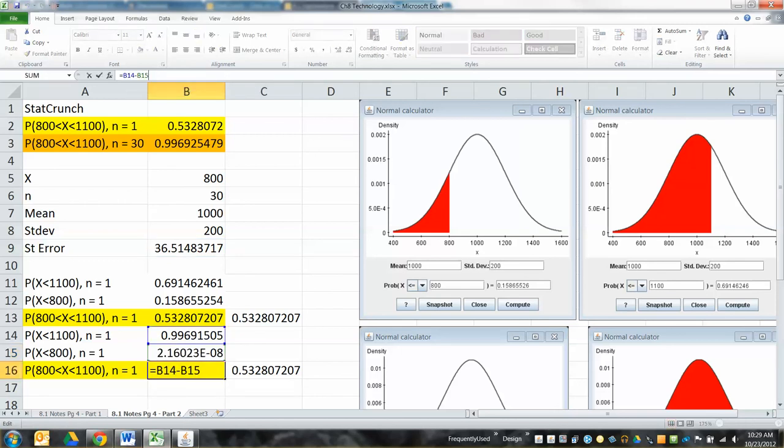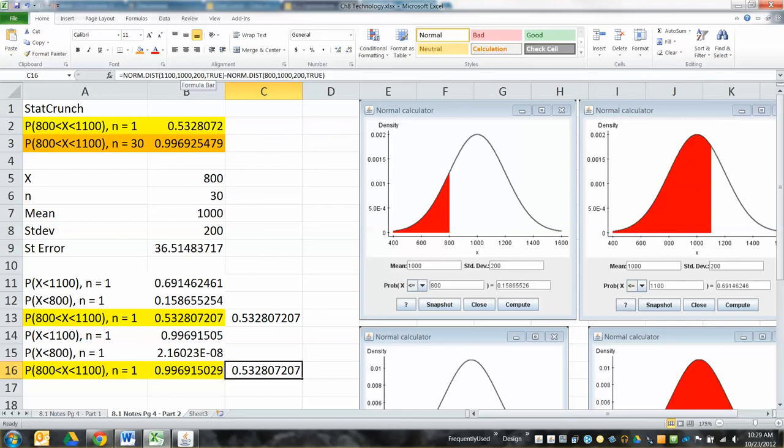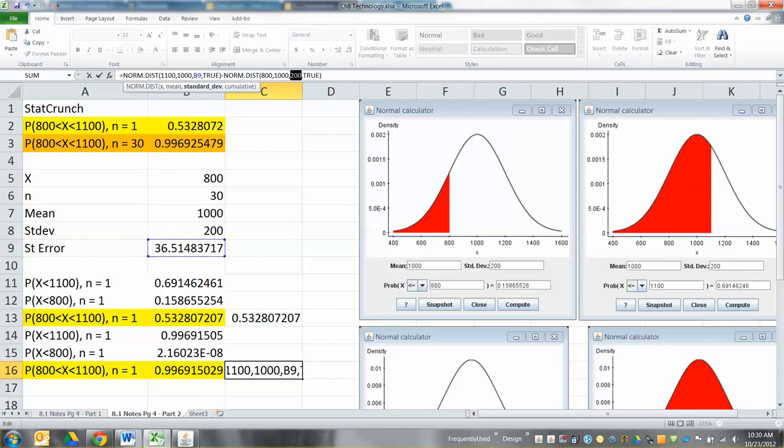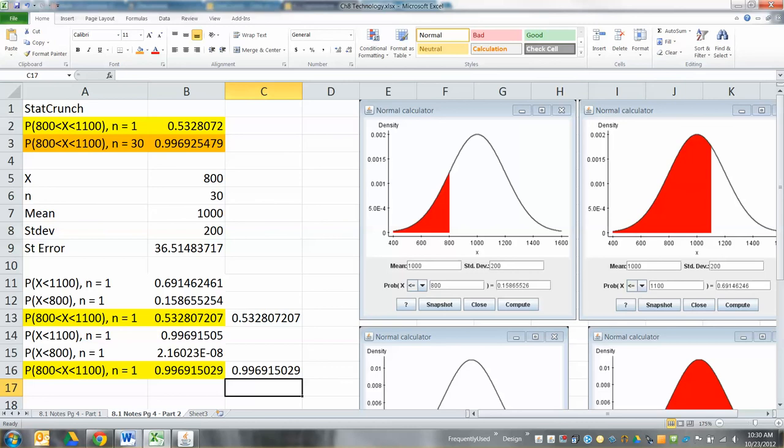And then I'm going to subtract the two of them, right? Or you could just do it all at once, right? I'm going to copy and paste that. Okay, so I would say 1,100, instead of 200, I'm going to say that value 36.5, which was cell B9 for me. And same thing right here, delete that, make it 36.5, enter. There you go.